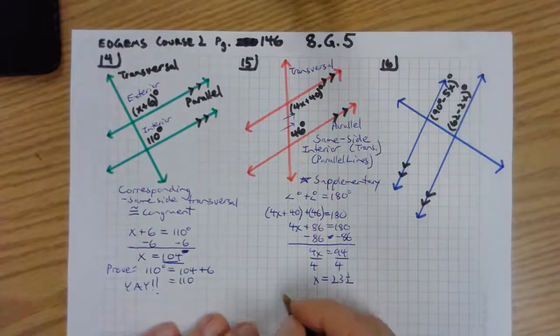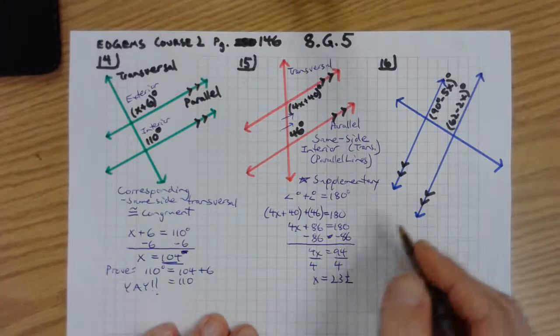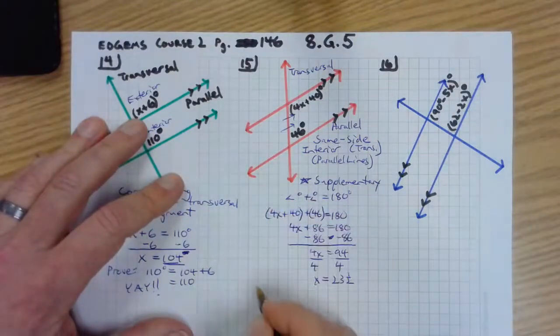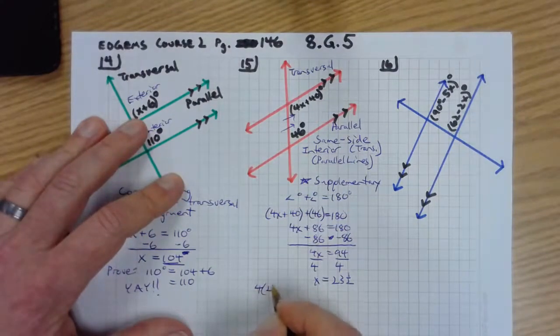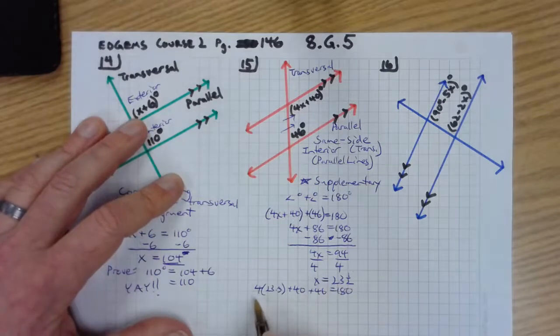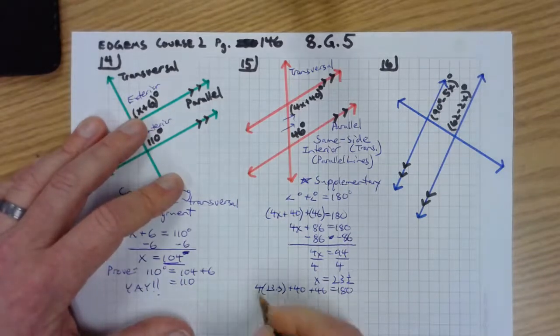Let's test that out. 23 and a half. If that's true, then 4 times 23 and a half plus 40 plus 46 would equal 180. We're just checking our work here. 23 and a half times 2 is 47.